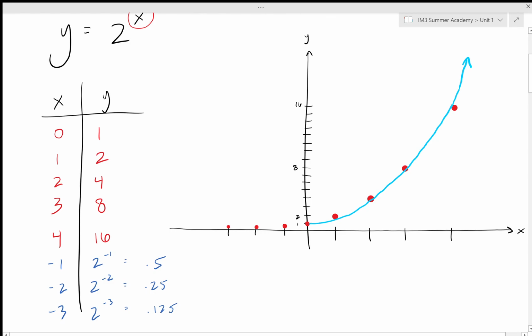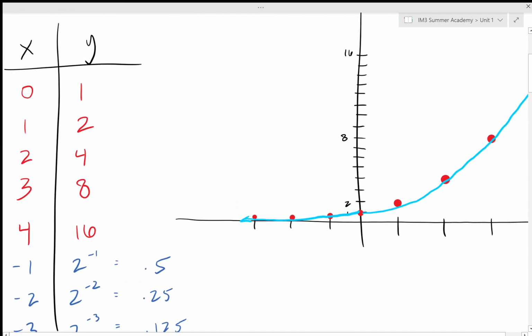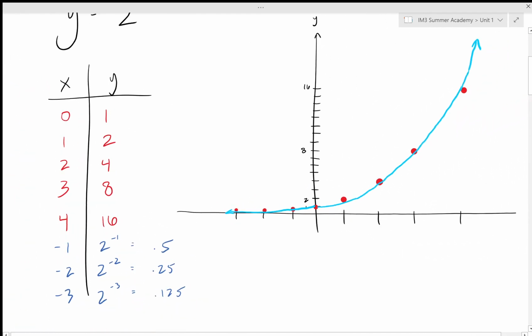The bigger numbers we plug in, say like 2 to the power of negative 6, 0.0156. These numbers are getting smaller, but never getting close enough to 0 to actually touch it. So we're getting closer and closer, and that was kind of sloppy there. I'm going to show this a little bit better. There we go. Okay, so it's getting close, but if we zoomed in, it would never really cross or touch if we drew this correctly.